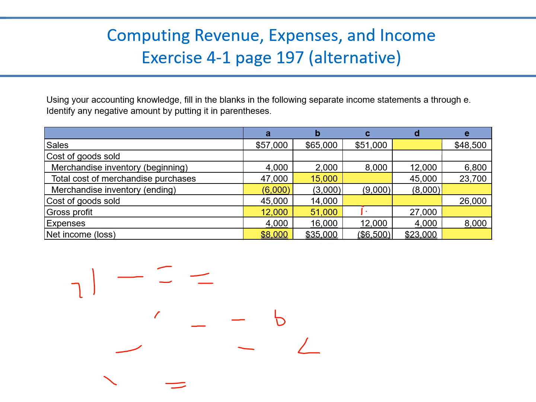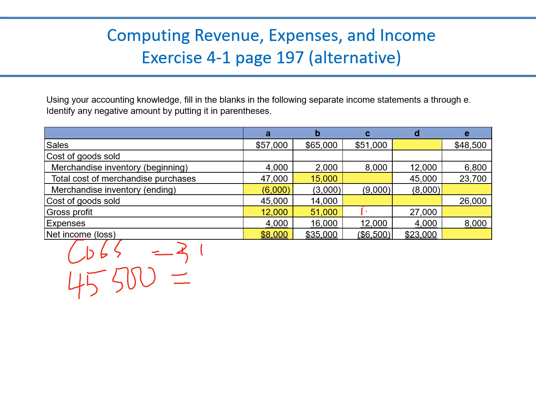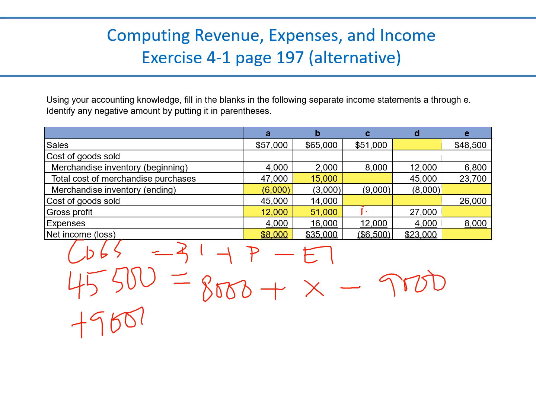So let's put our cost of goods sold formula back in. Cost of goods sold is 45,500. Cost of goods sold equals beginning inventory plus purchases less ending inventory. Our beginning inventory is 8,000. Our purchases is X. Our ending inventory is 9,000. And so if you add 9,000 to both sides and you subtract 8,000, that makes that 0.